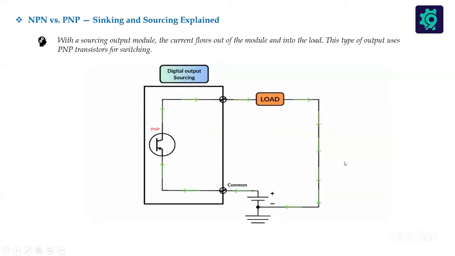In this case, your PLC is sourcing its positive from outside, which is why this common is sending positive into the PLC.